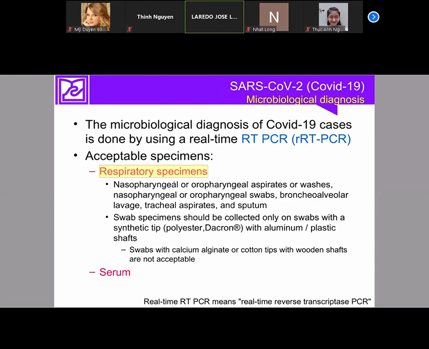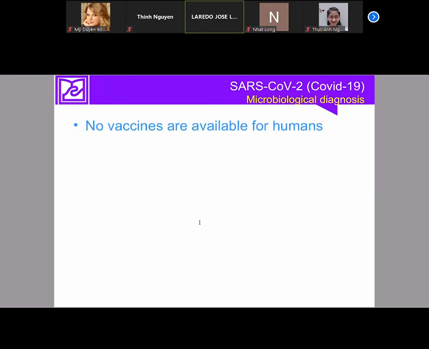These respiratory samples are usually nasopharyngeal or oropharyngeal samples, or much better, sputum if we can, and we perform a real-time PCR. This is the best way to diagnose the infection by the SARS coronavirus 2. We don't have any vaccine against any of the new coronaviruses.